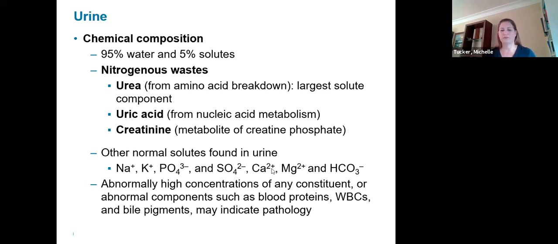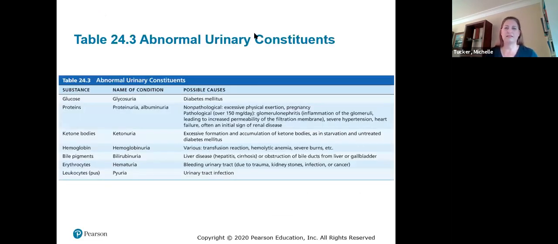Calcium is going to be hormone dependent. Magnesium and then bicarbonate is going to be reflective of acid-base status, which we will talk about next week. Abnormally high concentrations of any part can indicate pathology. This table is kind of interesting.